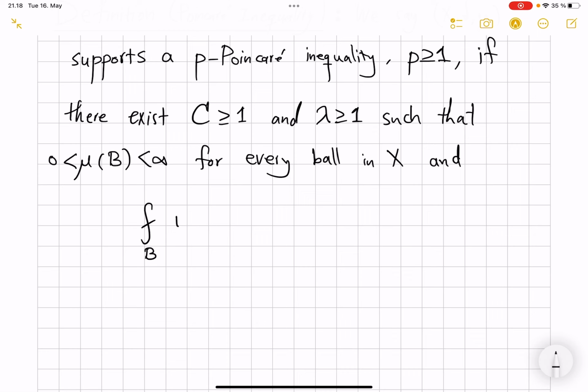And in this case, I will have u minus the average value of u on B. So I take this average value of u on B once to get this number u_B, and then I subtract it from u, I do u minus u_B, which is just another real valued function. I take absolute value, and again I integrate this over the ball and divide by the measure of the ball to get the average. So all integrations are with respect to d mu.